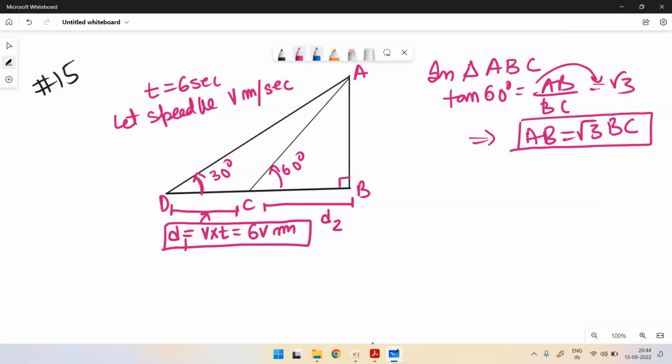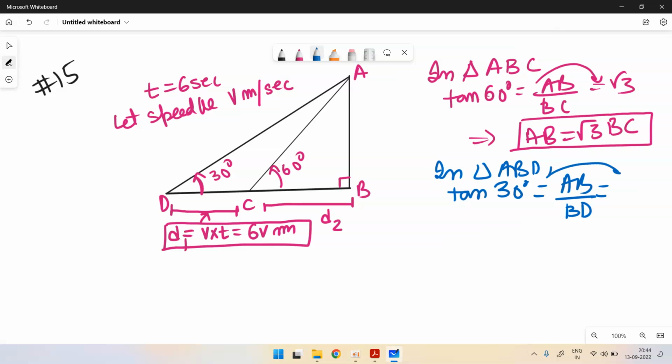Now in triangle ABD, tan of 30 degrees is nothing but AB by BD. What is tan 30 degrees? 1 by root 3. From here you get that AB is BD by root 3.